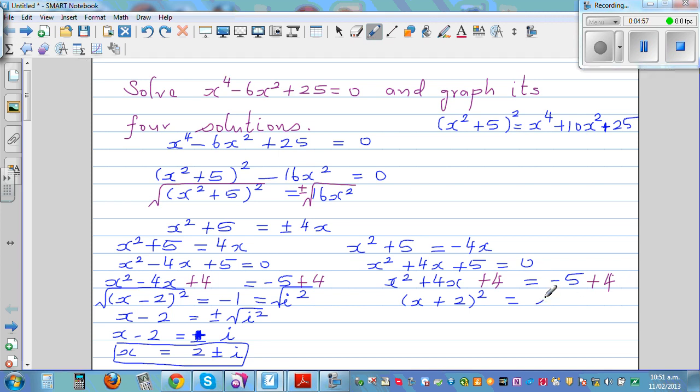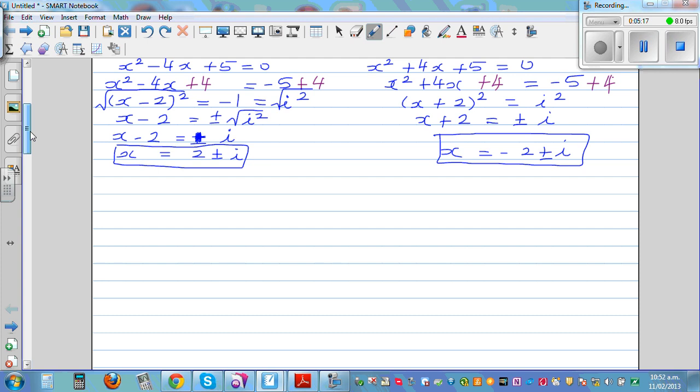I'm directly writing i squared. So x plus 2, taking the square root of both sides, is equal to plus or minus i. So x is equal to minus 2 plus or minus i.